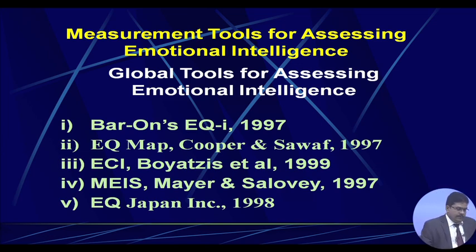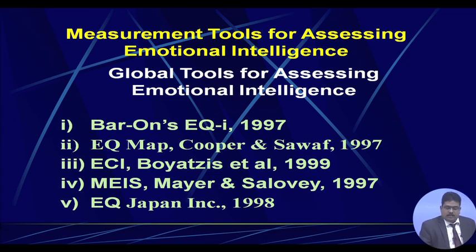Then another very important and widely used test of emotional intelligence is known as the Mayer-Salovey-Caruso Emotional Intelligence Test. However, this test was first developed by Mayer and Salovey, the Mayer-Salovey Emotional Intelligence Scale, and rather later they included the perspectives of the research work of Caruso.